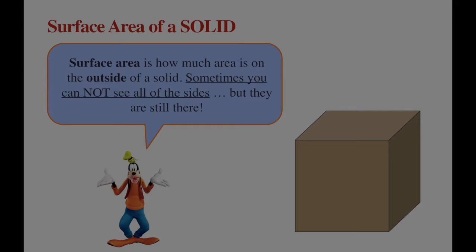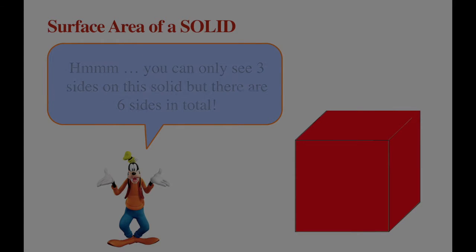A dice has 6 sides. So for this particular shape we've got a front area, a side area, and a top area, so we can see 3 sides on our shape, but we know there are 6 sides in total.